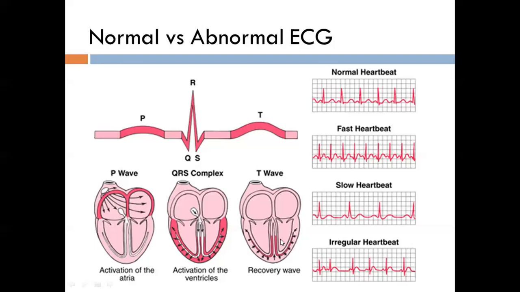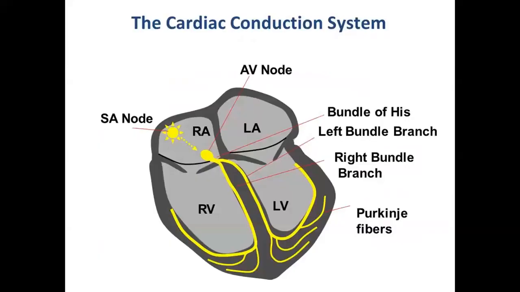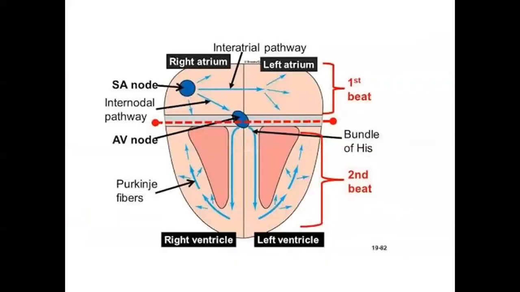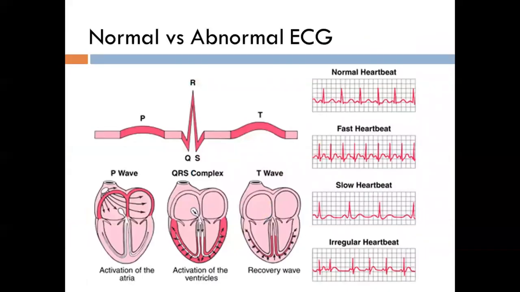The recovery phase, or you can say it is produced because of repolarization, right? Ventricular repolarization. And QRS complex, ventricular depolarization. P wave, atrial depolarization. Simply, NCLEX would ask the question: when is the P wave produced, when is the QRS complex produced? We must know, right? So let me recap a few more.